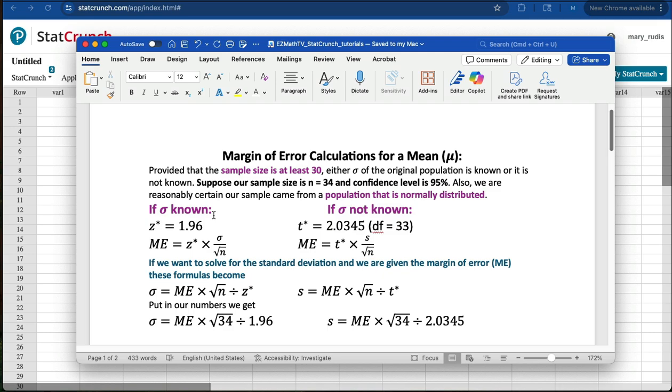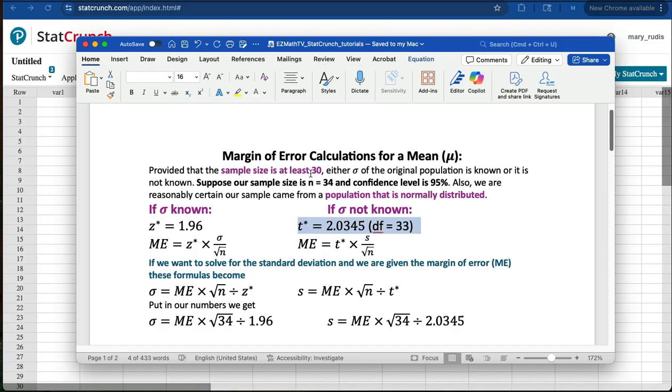If that is the case, then you're going to want to use the Z distribution to make all of your calculations. If you don't know sigma, then you're going to be using the T test. So whether it's a Z test or a T test is completely determined by whether or not sigma is known and whether or not your sample size is at least 30.